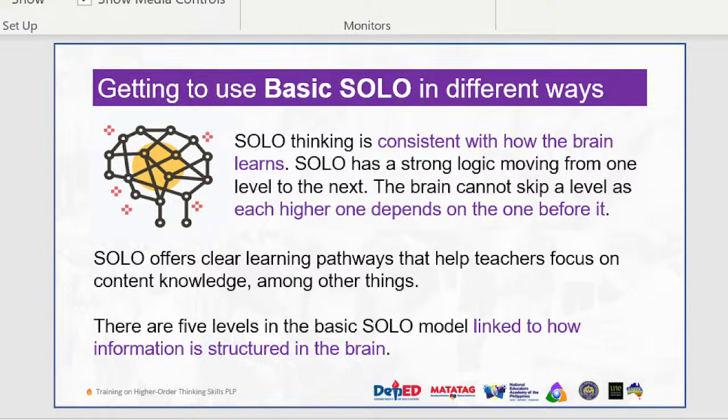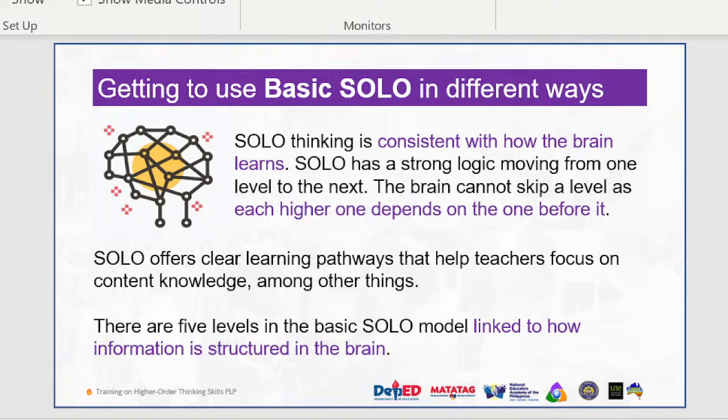So SOLO thinking is consistent with how the brain learns. SOLO has a strong logic moving from one level to the next. The brain cannot skip a level as each higher one depends on the one before.